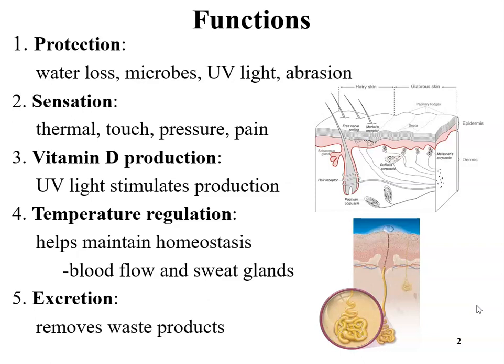The integumentary system also is a major step in vitamin D production. This is an essential vitamin that the body can't create on its own otherwise. The UV light that we're exposed to from sunlight begins the process by stimulating a molecule that we can then convert into vitamin D. The integumentary system is also integral in temperature regulation, or homeostasis of the body, when we get both too hot and too cold.